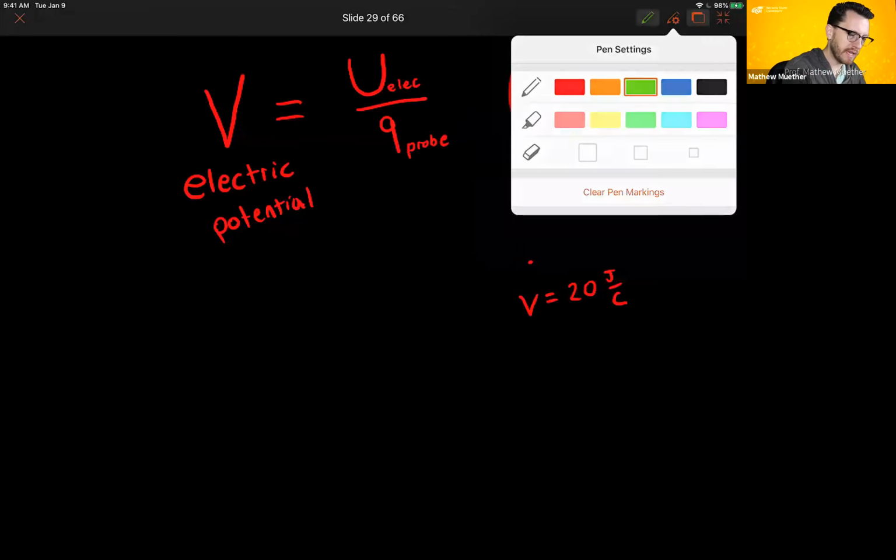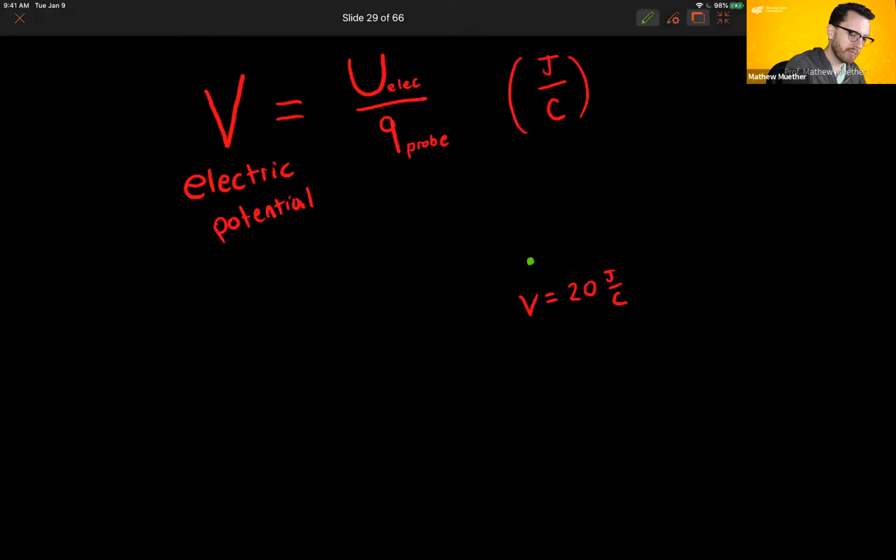And so now if I put in here some probe charge, I could put in, say, a 3 nanocoulomb charged object at that point in space. Well, now I could calculate the potential energy that got added to this system, right? That guy is interacting in that place. The potential energy of the system is now 3 nanocoulombs times 20 joules per coulomb.